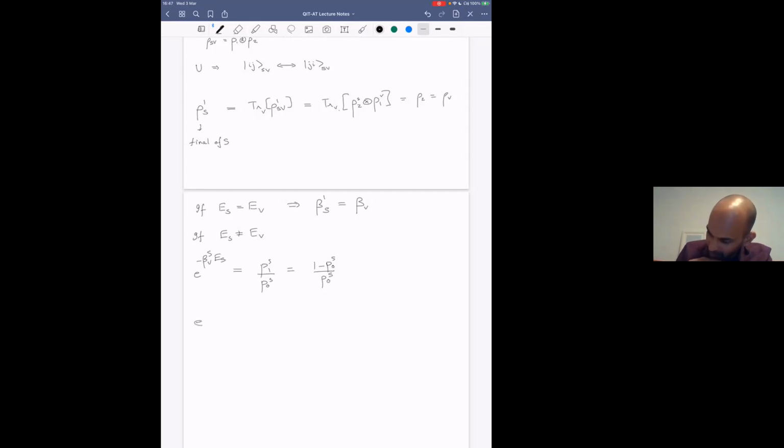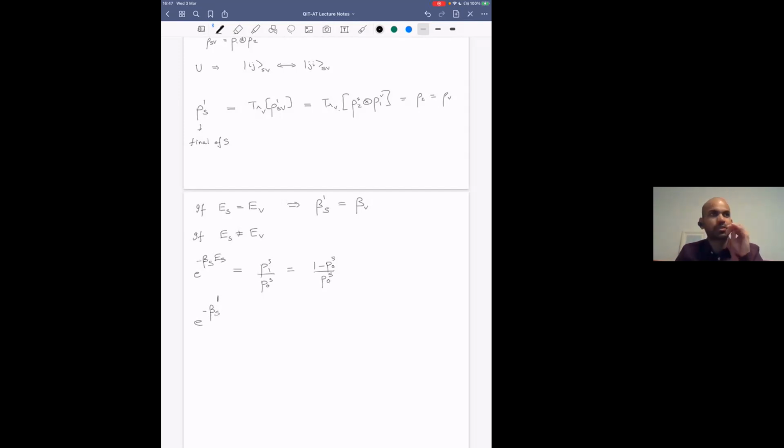Then we should have e to the minus beta S prime, the final, I apologize. I have realized that I should be more careful with what I pick. So this is S and this is S prime.